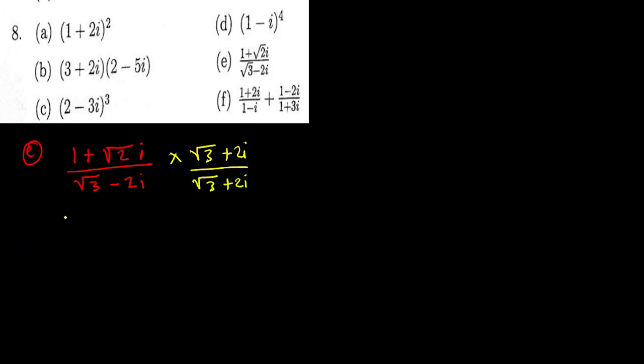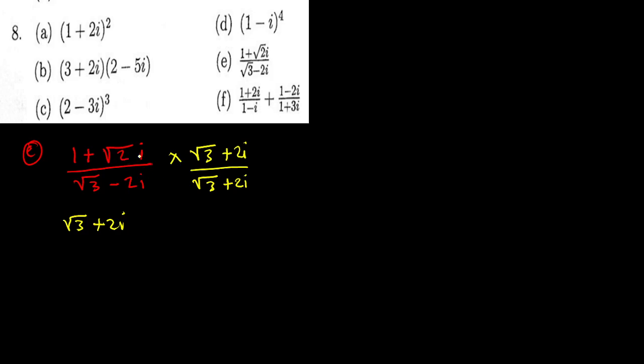So from what we learned, we know this times that. You can say 1 times square root 3 is simply square root 3. 1 times 2i is simply going to be 2i. The step-by-step stage of solving, I explained it in class during our physical classes, or you can watch one of the videos.